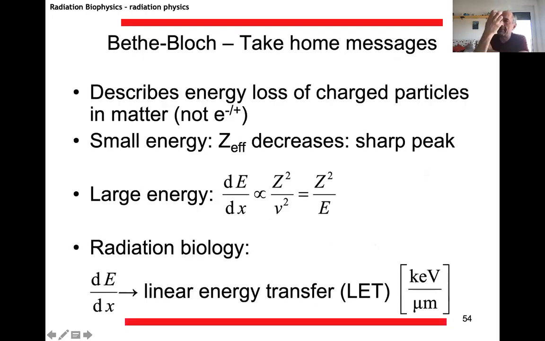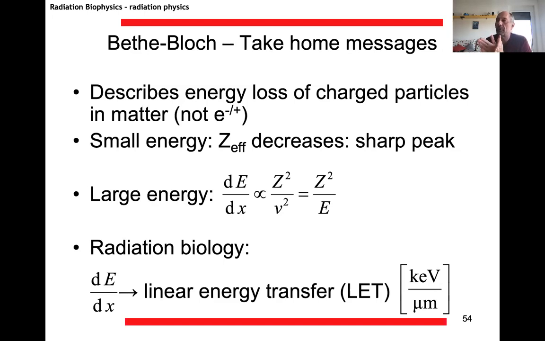So what is the take-home message? Please look at the demonstration of the Bethe-Bloch formula, but the take-home message is that the Bethe-Bloch formula does not really work for electrons, because the assumption in the formula is that the ion is not deflected by the interaction with the electron.